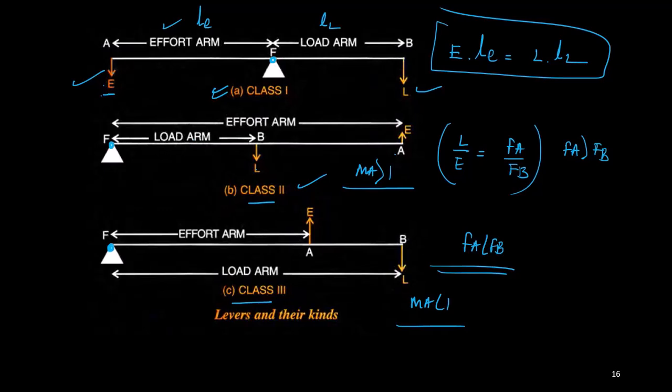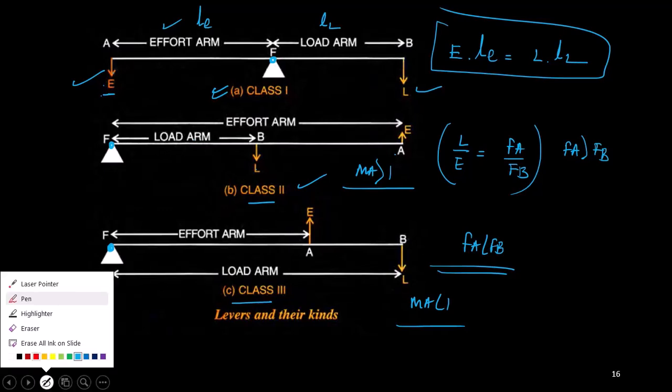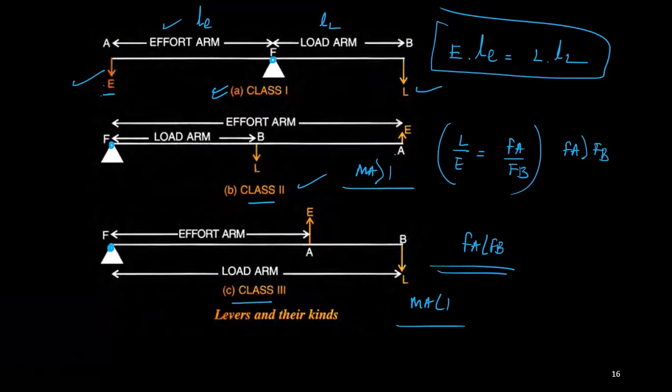Depending on the values of FA and FB in the class 1 lever, it will be equal to 1, less than 1, or greater than 1. It depends on where the fulcrum is positioned: in some machines FA is more than FB, and in some FA is equal to FB. All three are possible.